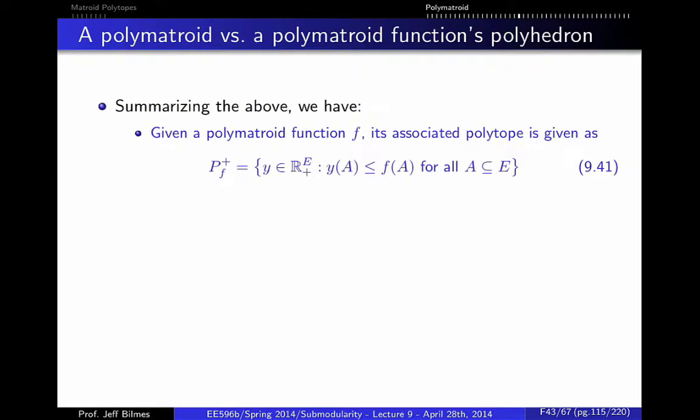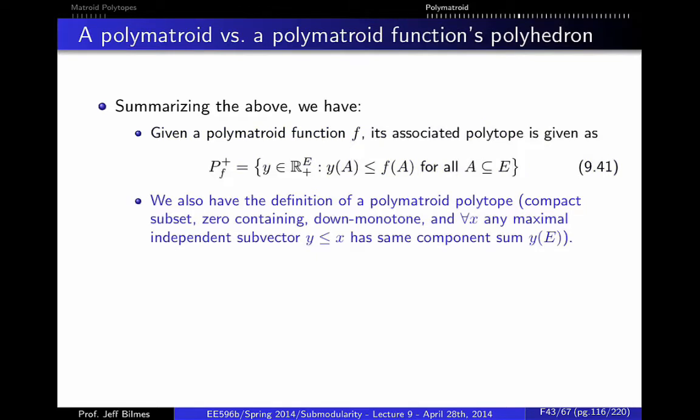So to summarize, given a polymatroid function, we can define its polytope or polyhedron in this way. We have the definition of a polymatroid polytope, which is a compact subset that is zero-containing and down-monotone, and for all x, any maximal independent subvector has to have the same component sum.